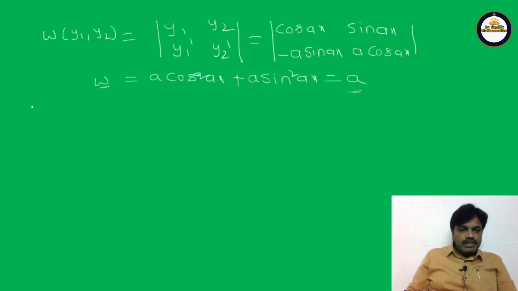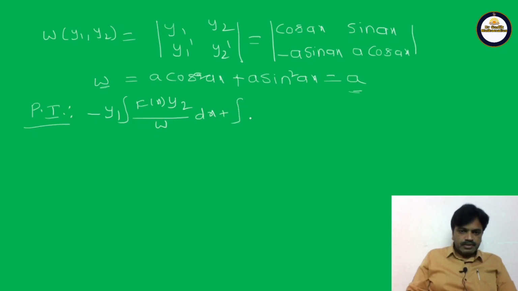Now what is the particular integral formula, friends? I already told you how to remember the particular integral formula. First we start with y1 with a negative sign: minus y1 integral of f of x and y2 by W into dx, plus y2 integral of f of x y1 by W into dx.